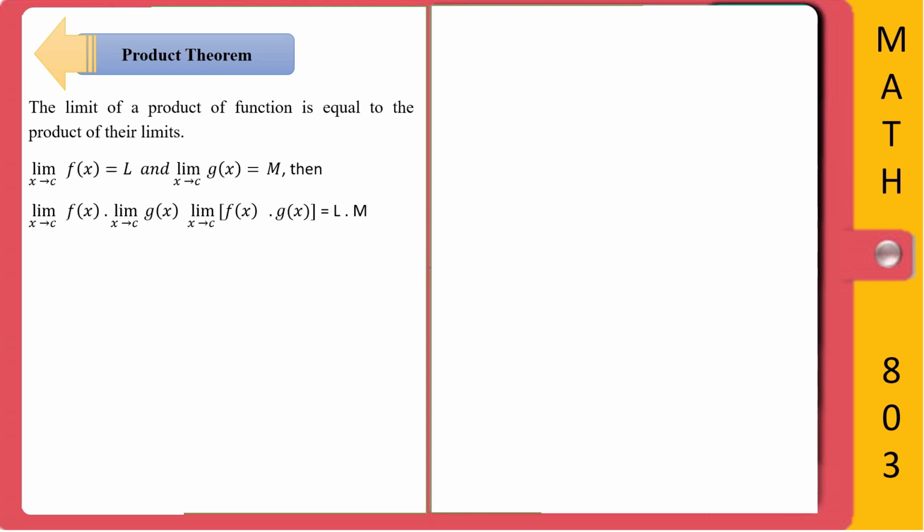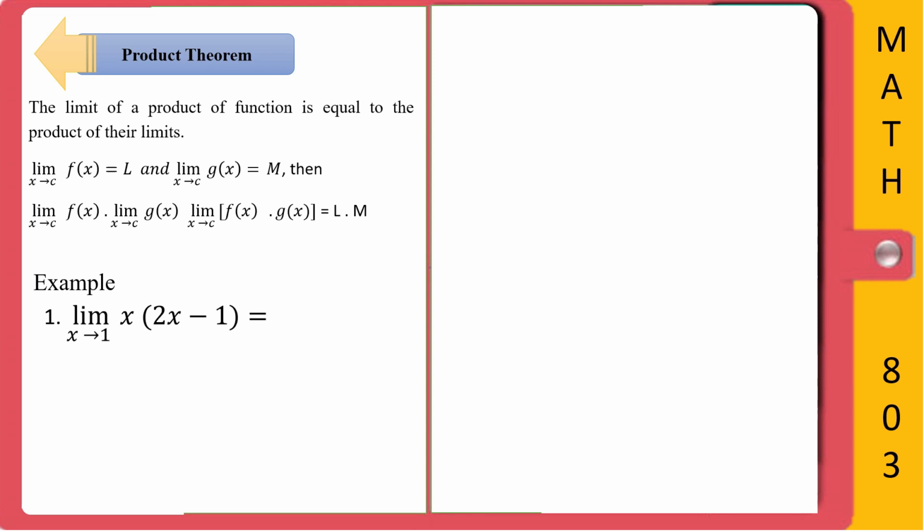Then the limit of f of x multiplied by g of x as x approaches c is equal to L multiplied by m. Applying this theorem, we have the limit of x multiplied by 2x minus 1 as x approaches 1.